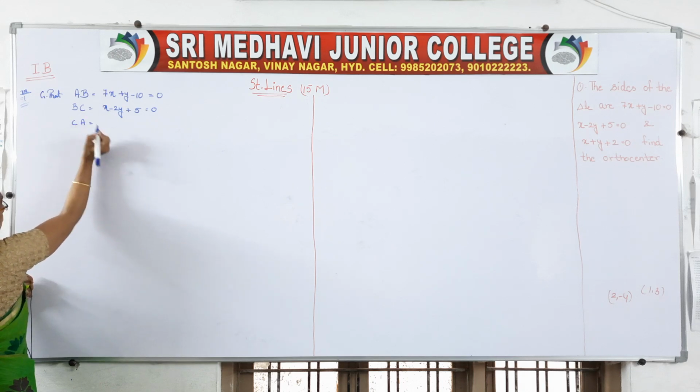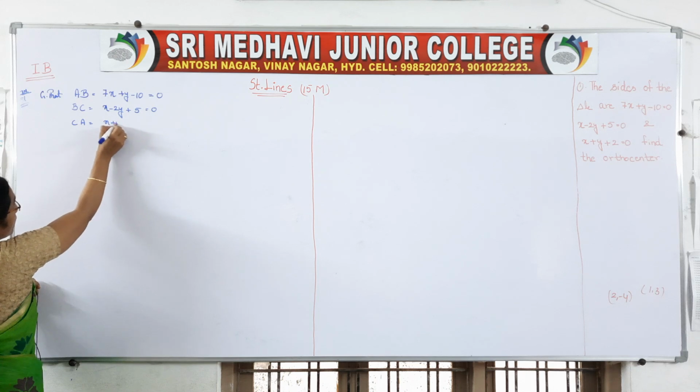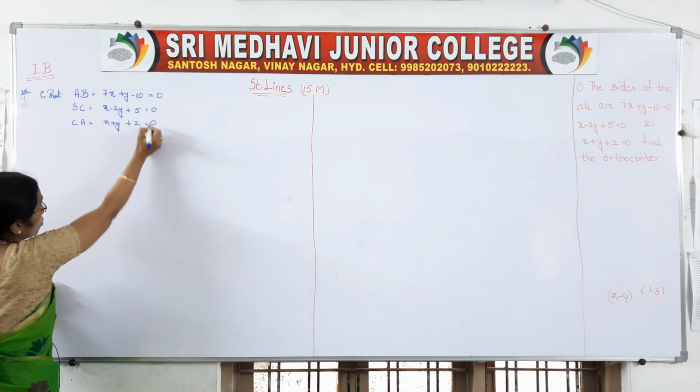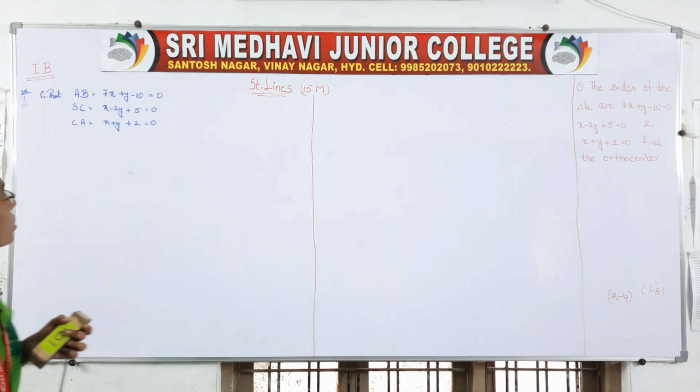And CA, the third line: x plus y plus 2 is equal to 0. Before beginning the problem, check your equations once again, so that we can get the correct answer.